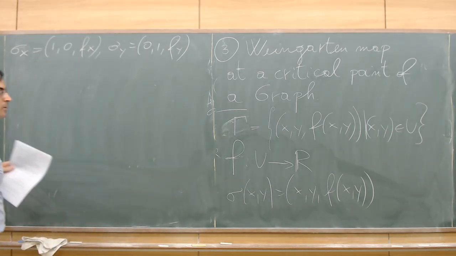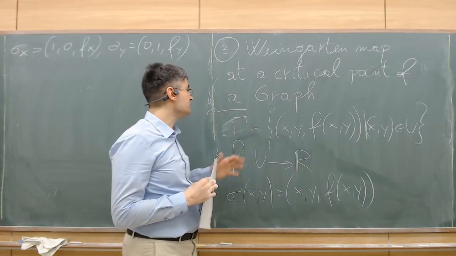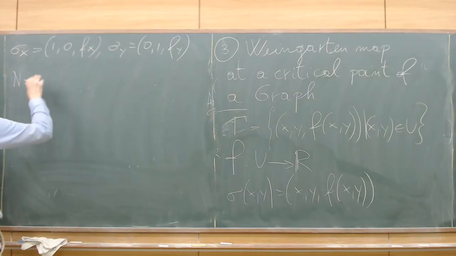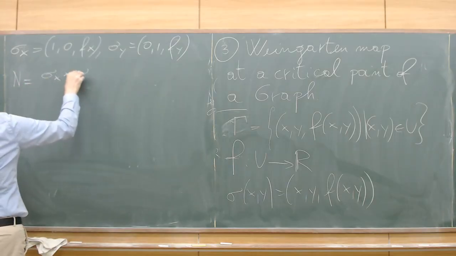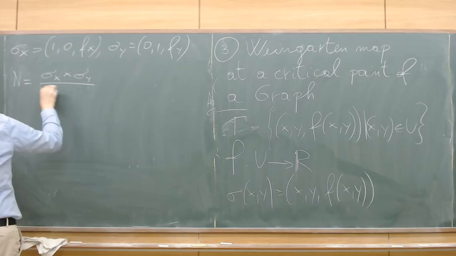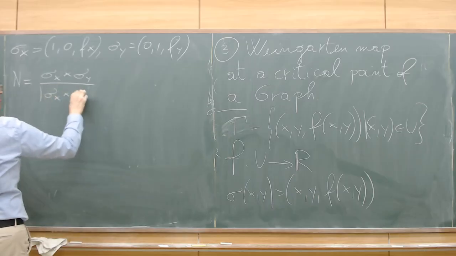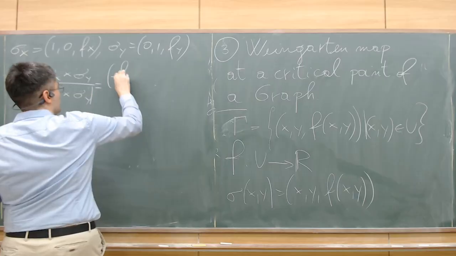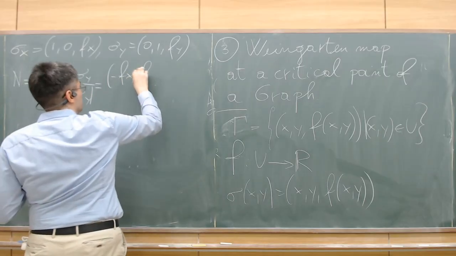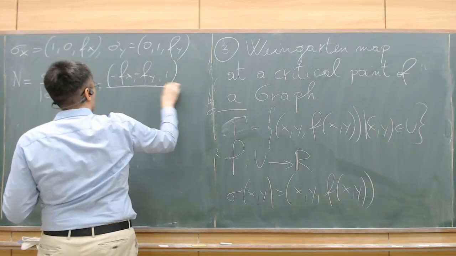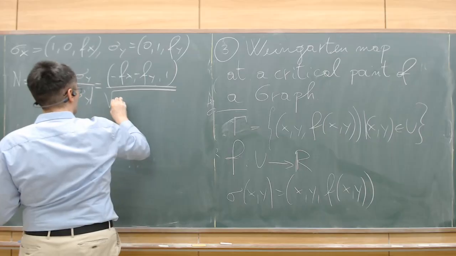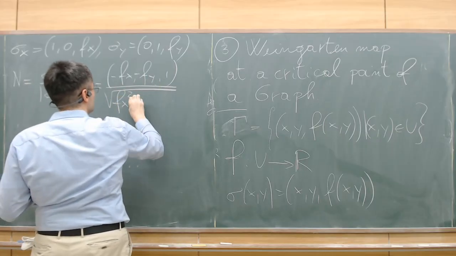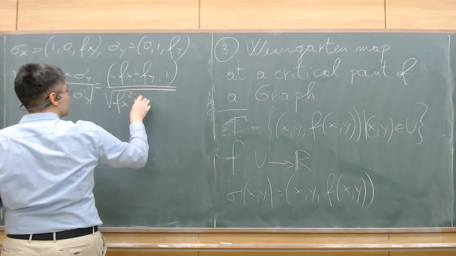And we can orient gamma with n given by sigma x times sigma y over its length. This is given by minus fx, minus fy, 1 divided by its length.